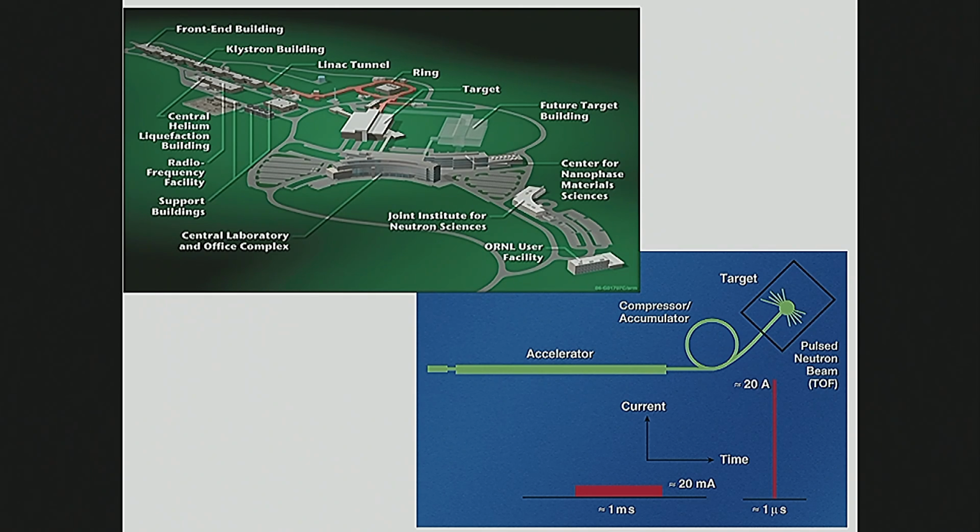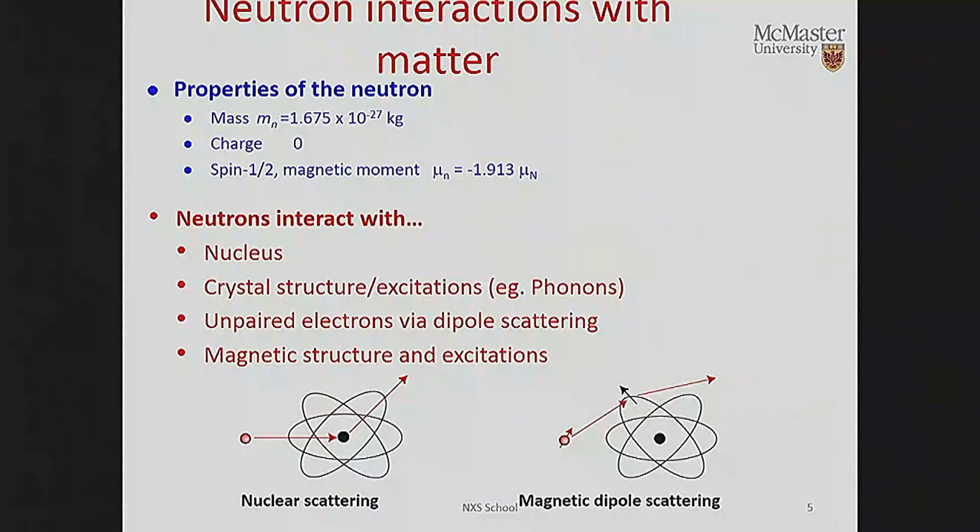Then every 60th of a second, this pulse of protons gets delivered to the target, and you get a burst of neutrons every 60th of a second. And that's what we're going to end up doing our time-of-flight neutron scattering experiments with.